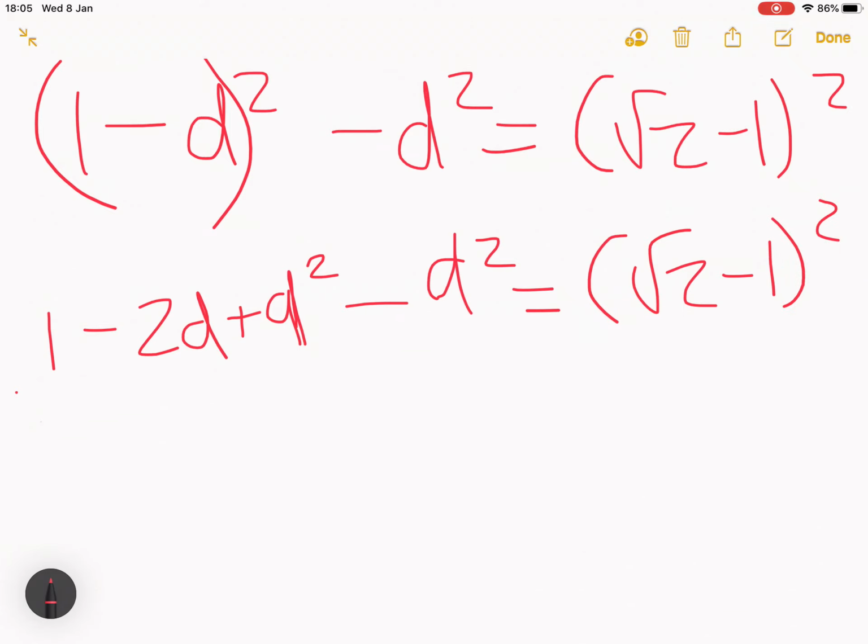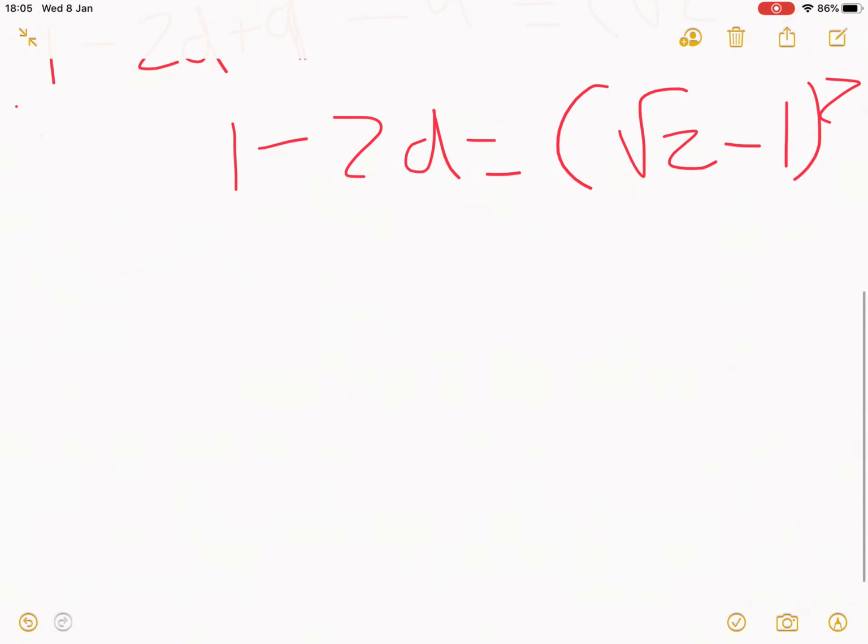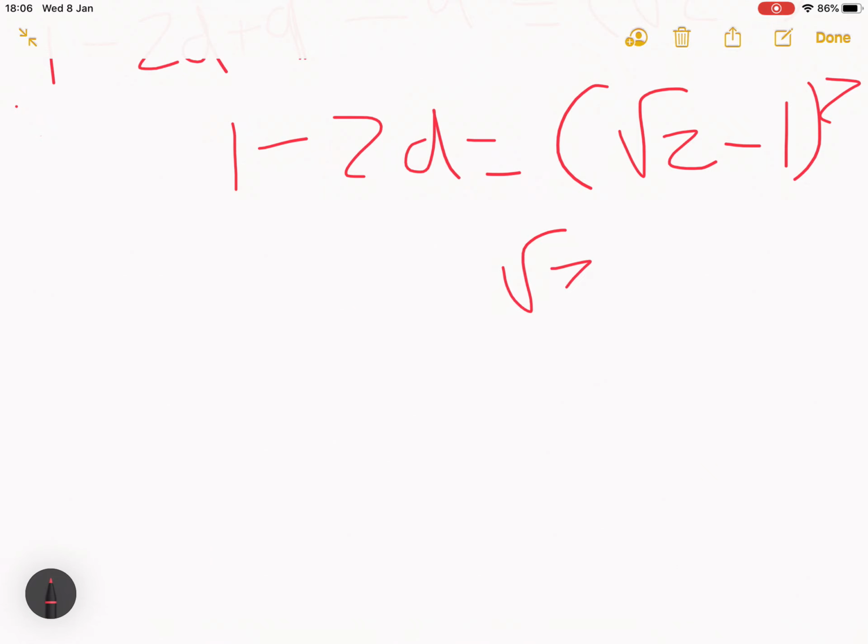Then we can collect like terms. D squared minus D squared just cancels out. So in the end, you just got 1 minus 2D equals (root 2 minus 1) squared. Now we can expand our (root 2 minus 1) squared. This is the same as root 2 minus 1 times root 2 minus 1. So root 2 times root 2 is just 2.